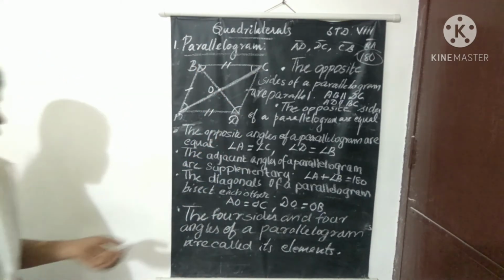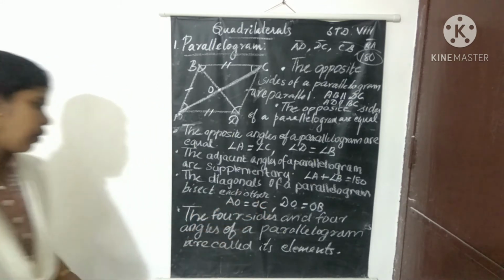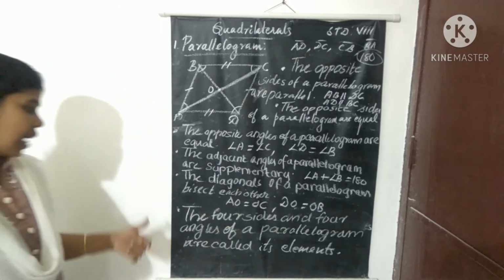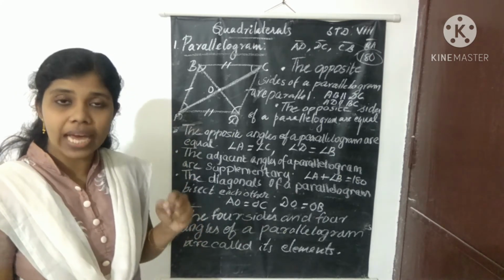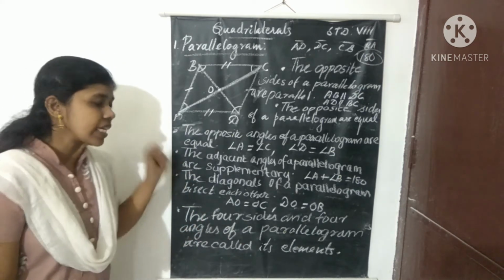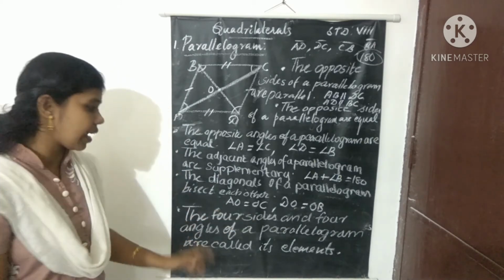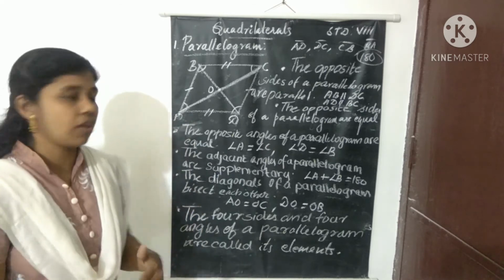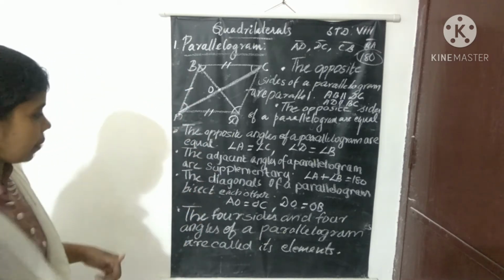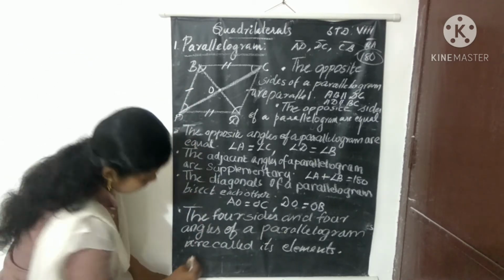Next, the four sides and four angles of a parallelogram are called its elements. What are the elements of the parallelogram? Four sides and four angles. What are the four angles?